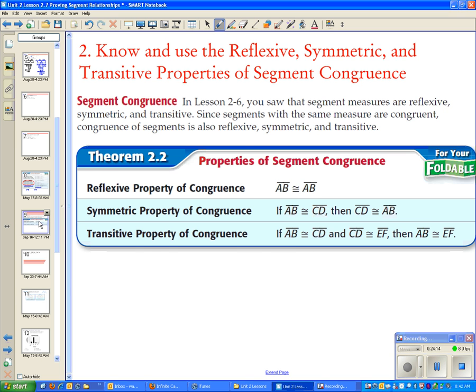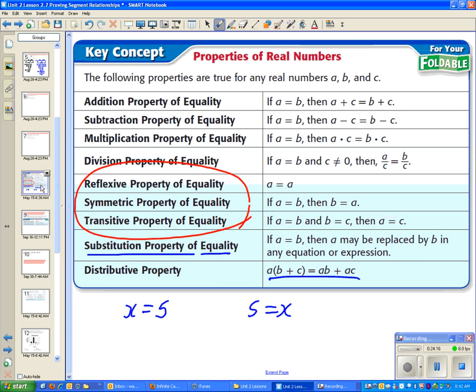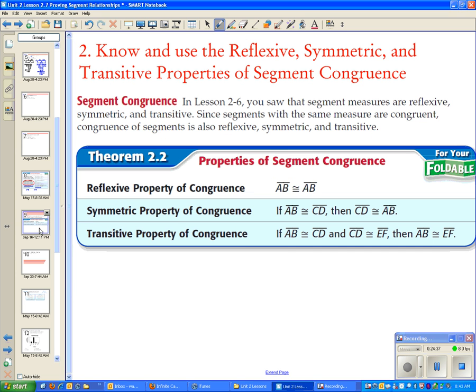Since we know these properties are true for numbers, isn't the length of a segment a number? So then we know that these properties are true for lengths of segments. Aren't measures of angles numbers? So these properties are also true for measures of angles. Okay? What we've not said yet is that these properties are true for segments themselves and angles themselves.